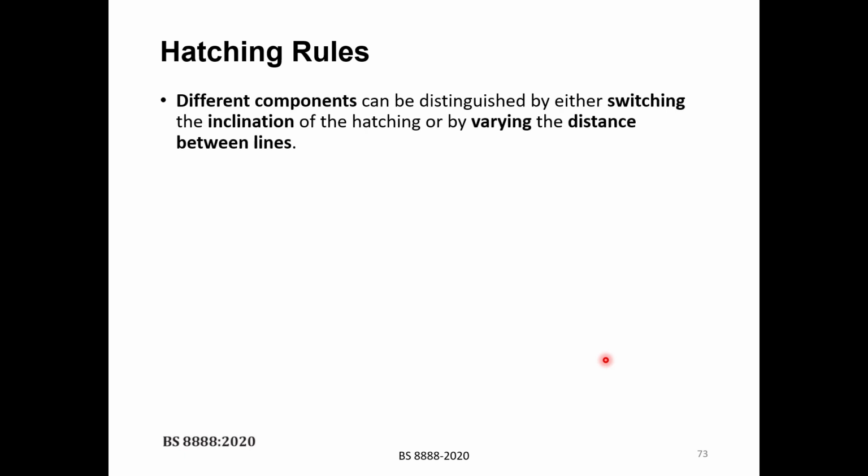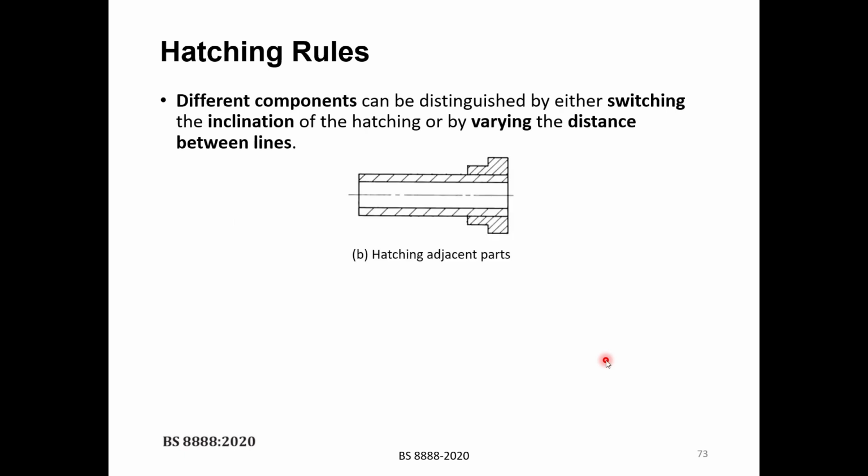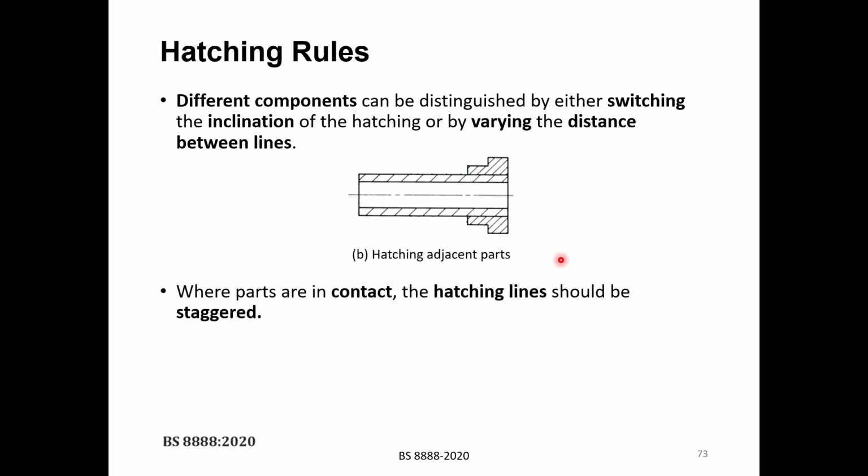So if we have different components assembled together, we can either switch the angle, or we can change the spacing. Here the distance is large compared to here, so we can change the distance between these two. Or we can use 45 degrees here and 135 degrees here, for example.